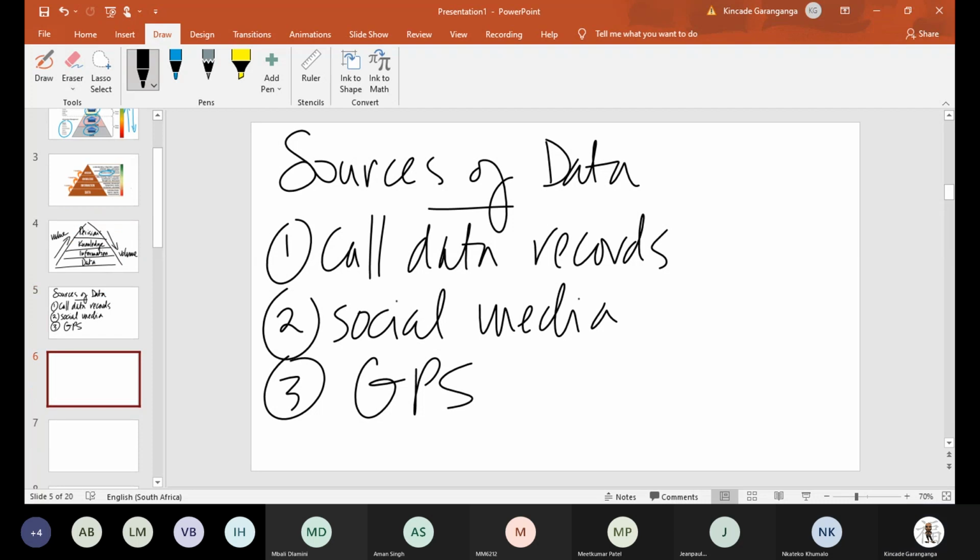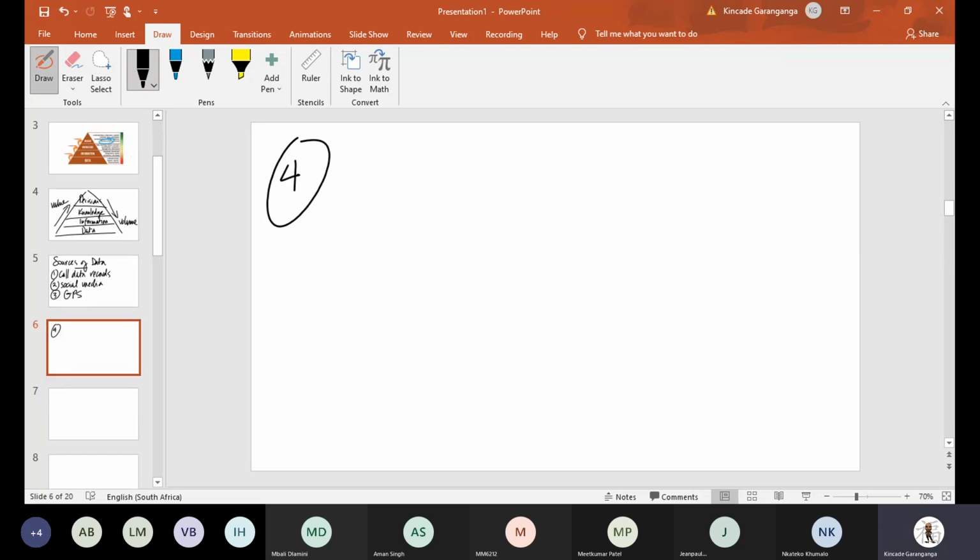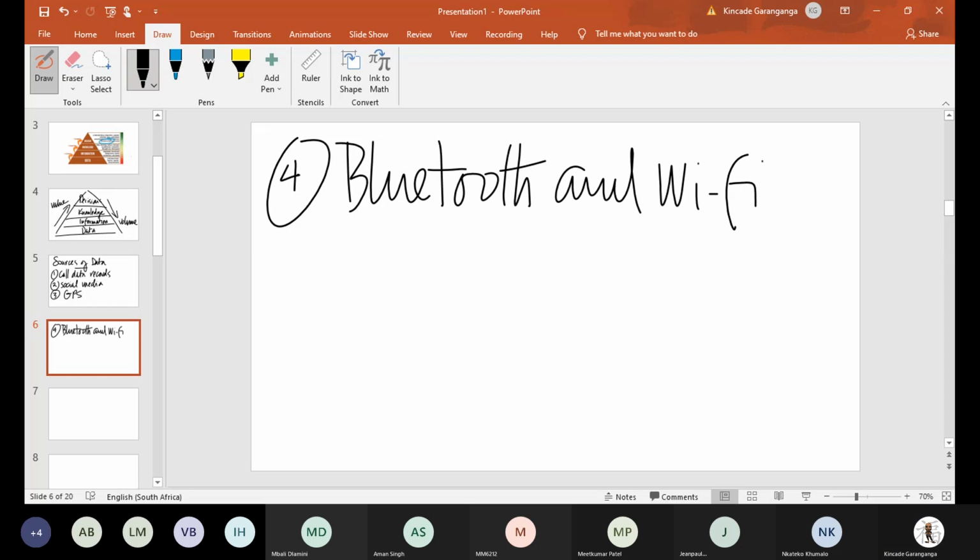Another type of environment where you can get data is Bluetooth and Wi-Fi IDs or SSID.